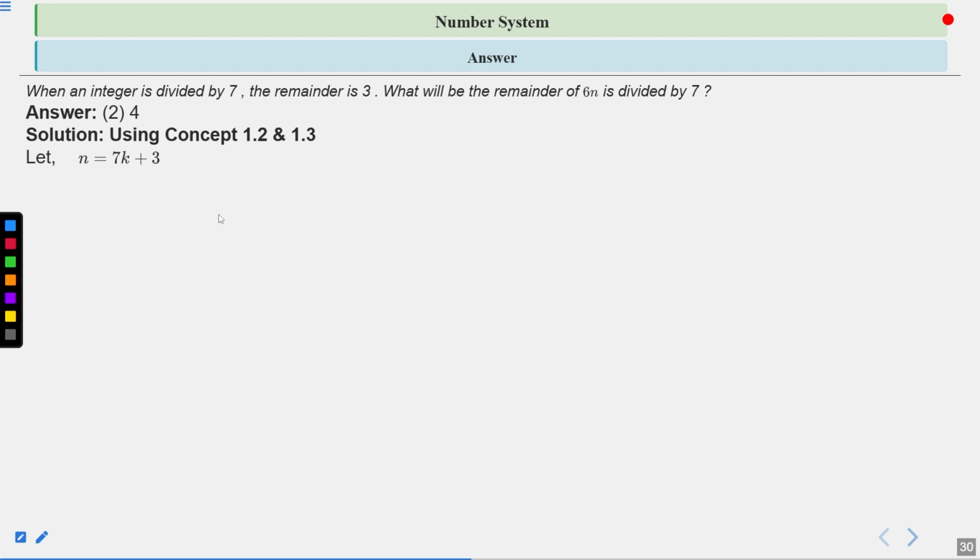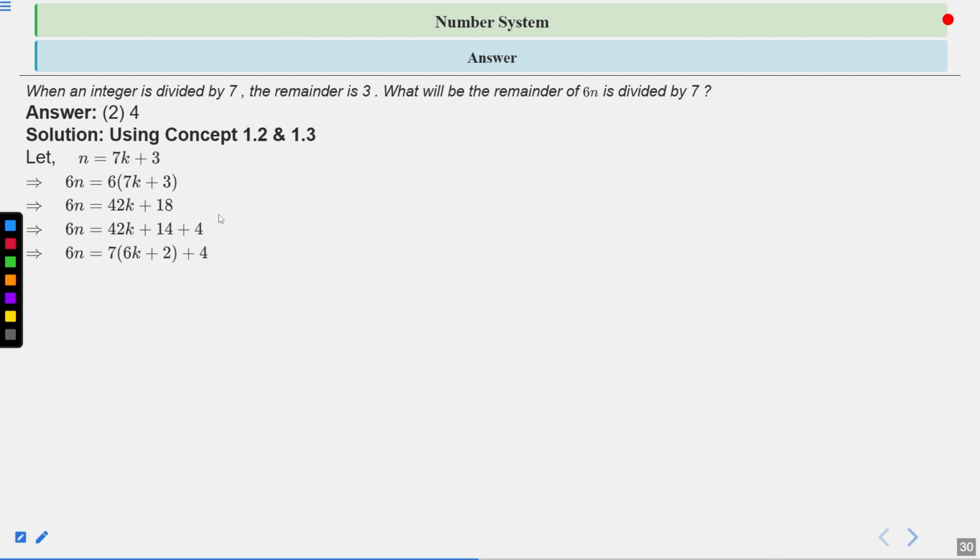Let n equal 7k plus 3. So 6n equals 6 into 7k plus 3. So we can say that 6n will become 42k plus 18. Now 6n becomes 42k plus 14 plus 4, we just break the 18.